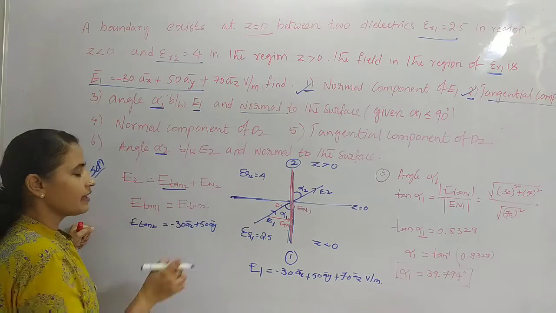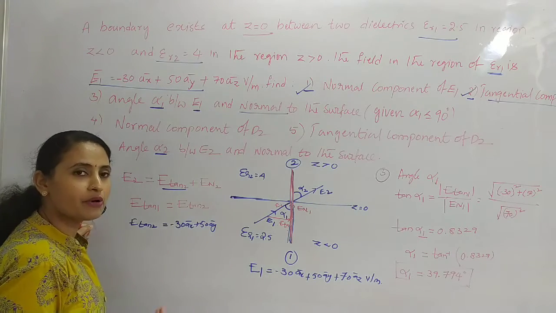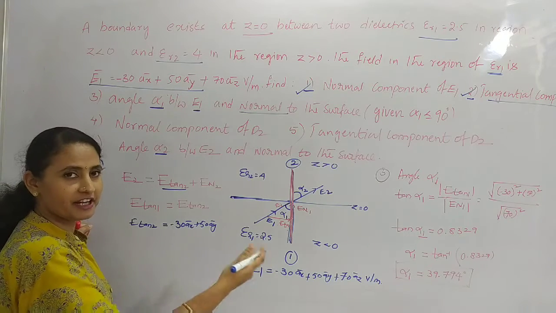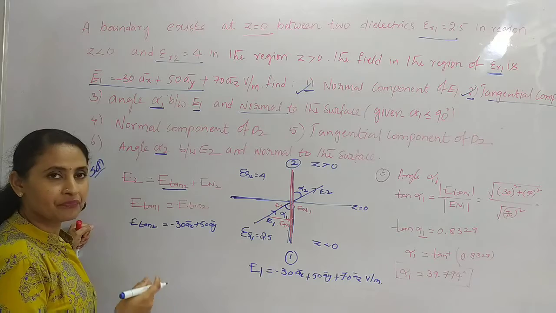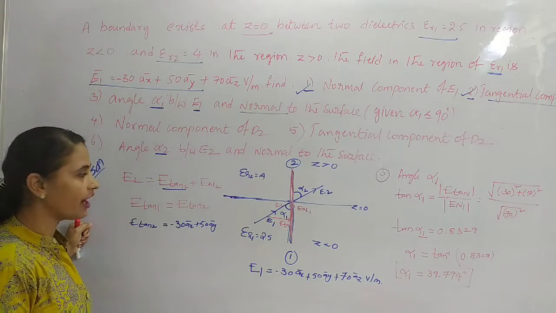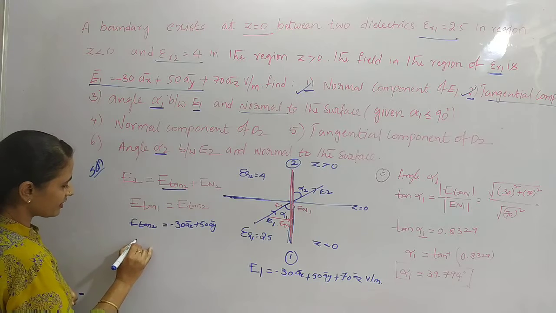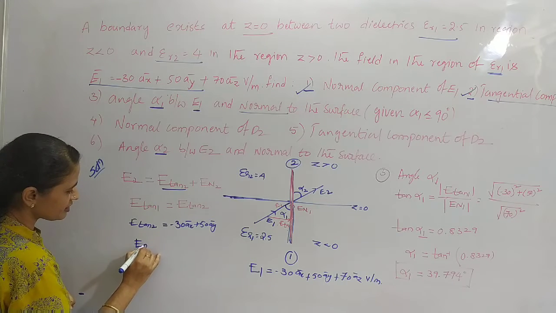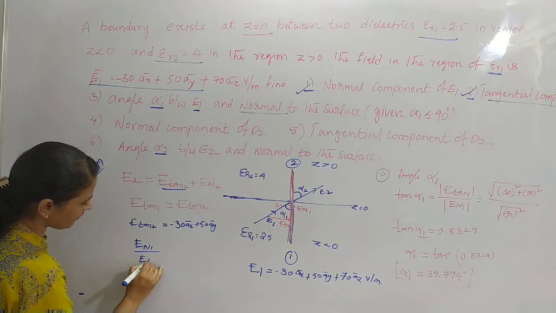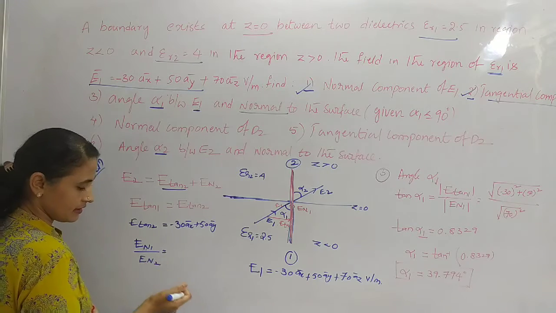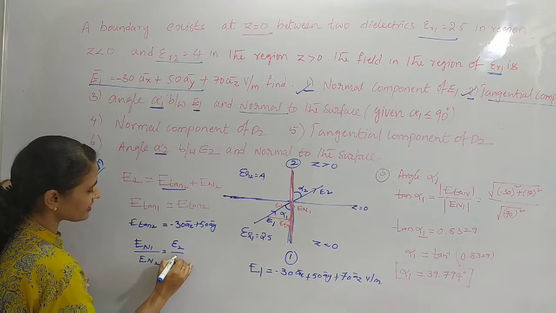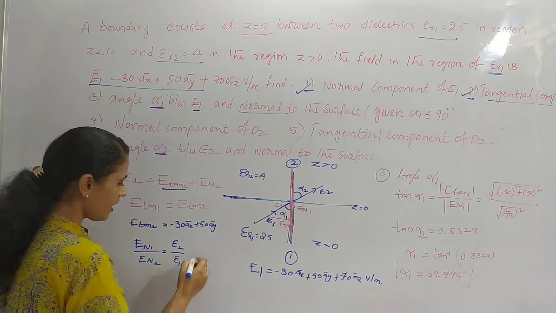To find this one, again we are going to use the boundary conditions. At the boundary, how are the normal components of medium 1 and medium 2 related? The normal component of the first medium to the normal component of the second medium is related in terms of permittivities.